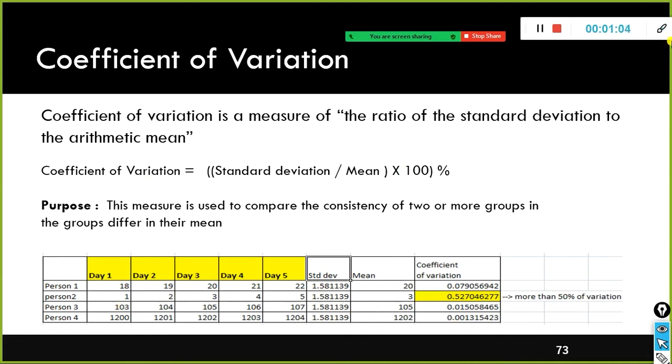Look at this table. In this table, we can see the productivity of each person. Or instead of person, we can say machines.